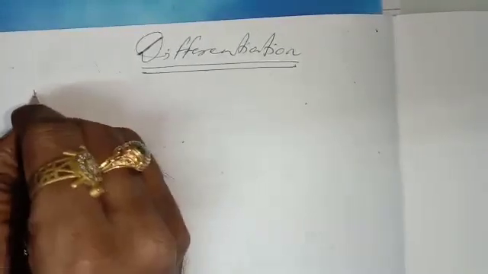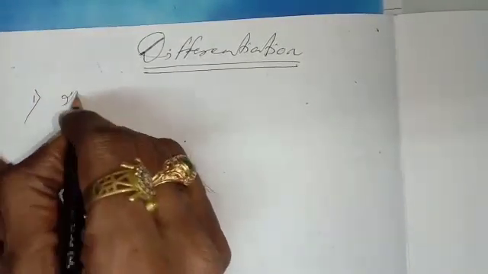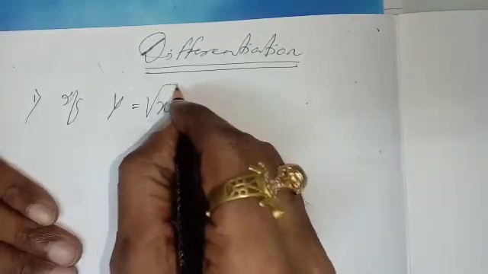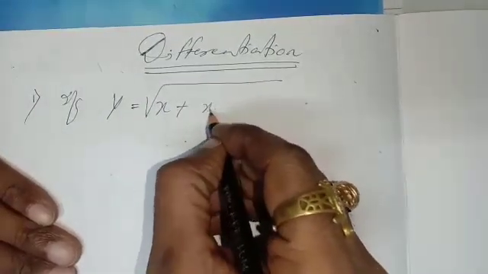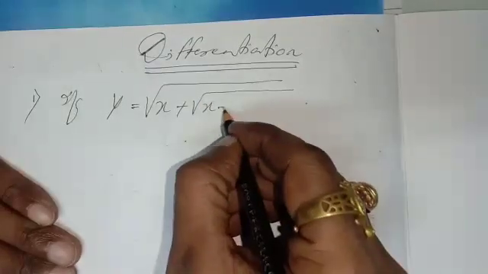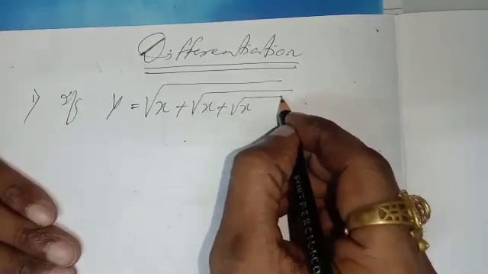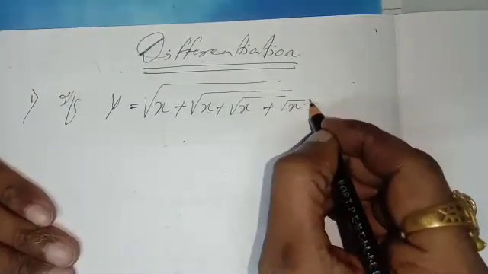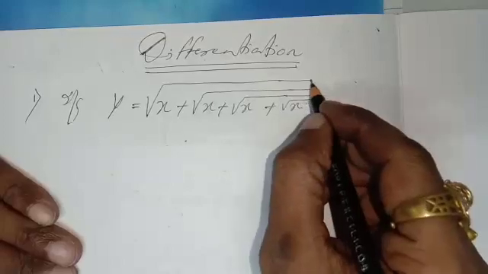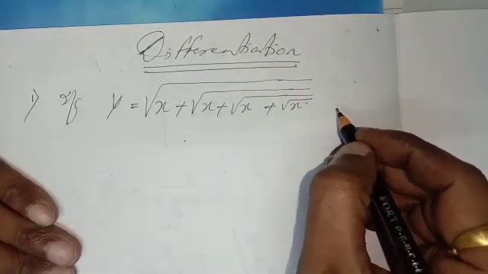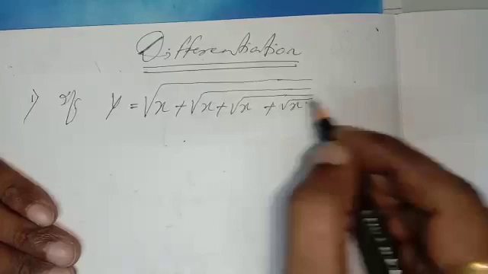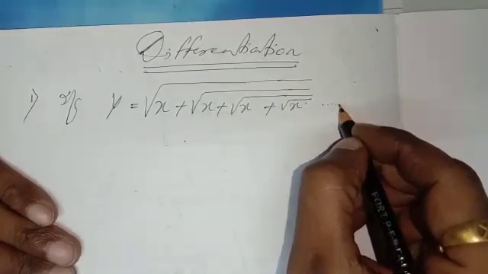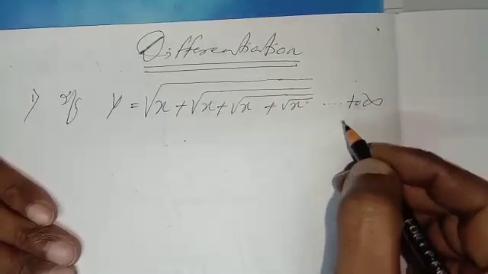Question number 1. It is given that if y is equal to root over x plus root over x plus root over x plus, it will continue like this up to infinity.